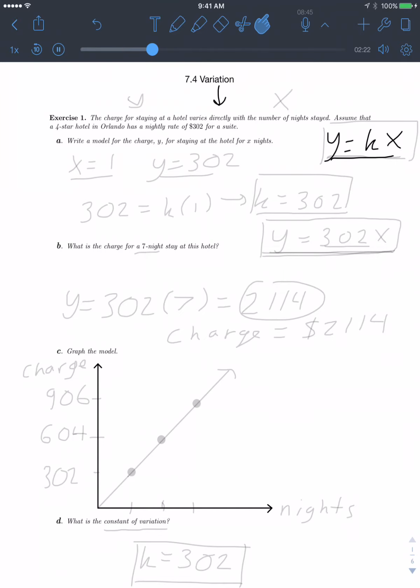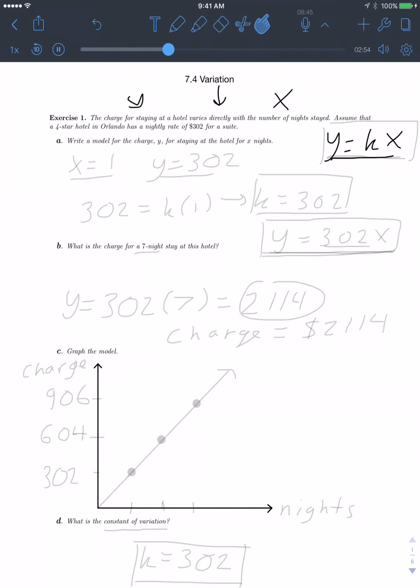So that tells us that we want y to stand for the charge for staying at the hotel, and we want x to be the number of nights stayed. Now this is not a coincidence. Previously we've seen x representing the independent variable and y representing the dependent variable, and that's exactly the same situation here. We have the number of nights stayed affecting the charge for the hotel stay.